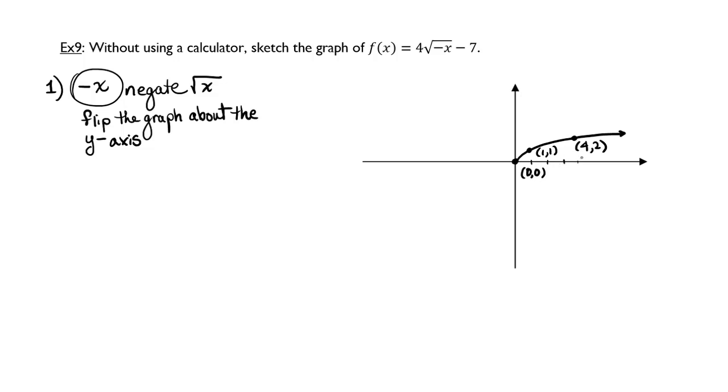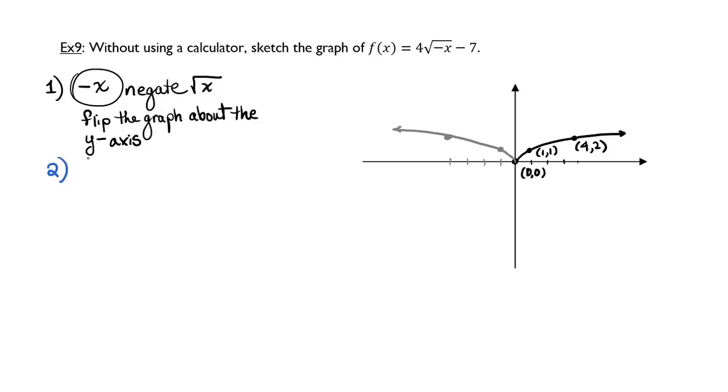So now all my x values will be negated. I will go from 1, 1 to negative 1, 1, and from 4, 2 to negative 4, 2. And my new square root function is now the square root of negative x. Ta-da! And now we're going to move on to the next step.